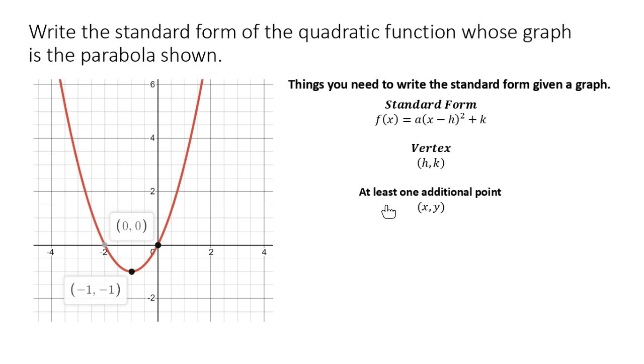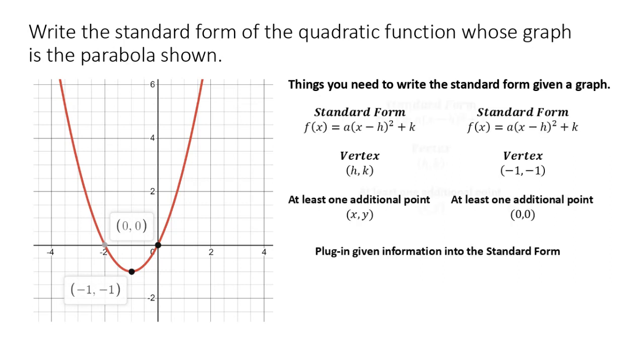So if I have these points, negative 1, negative 1, if h is negative 1 here, a negative times a negative is going to give me that positive, right? And then the k value is directly the negative 1, right? So it's just plugging this information into the standard form in order to get our vertex.